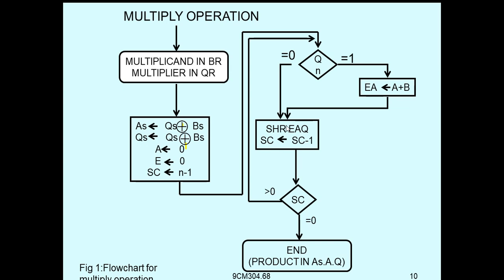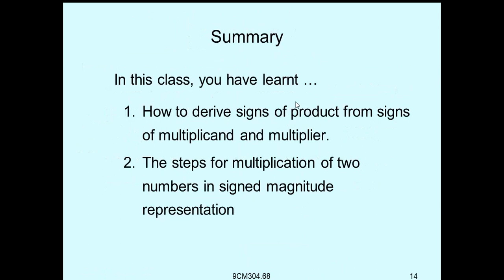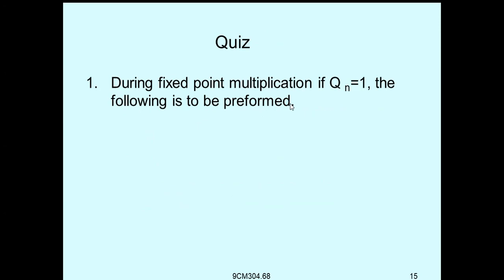Once it reaches 0, the final result of the product is present in the AQ registers. So this is the summary of fixed point multiplication.